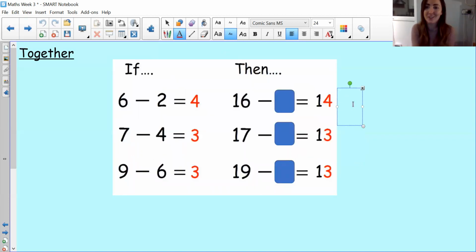Okay, so now we've done that, we should be able to answer these questions quite easily. So let's go through them together. If 6 take away 2 equals 4, then 16 take away what equals 14?